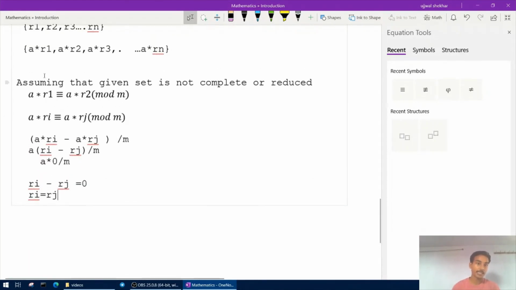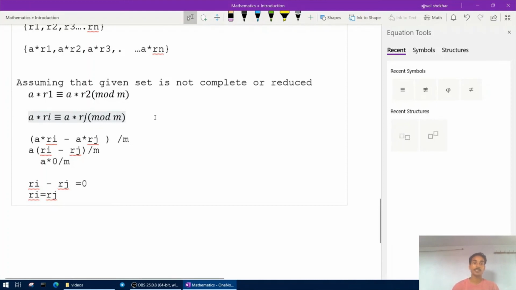It means that if you are saying that A into R1 is congruent to A into R2 mod M, then R1 is equal to R2. It means they both are the same numbers. But what we assumed was that these are two different numbers and this expression is correct.